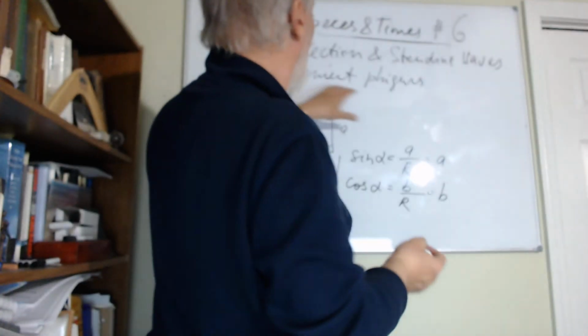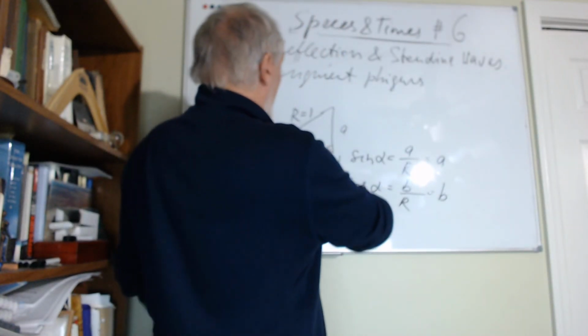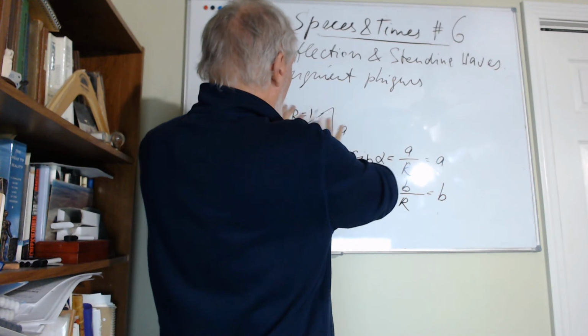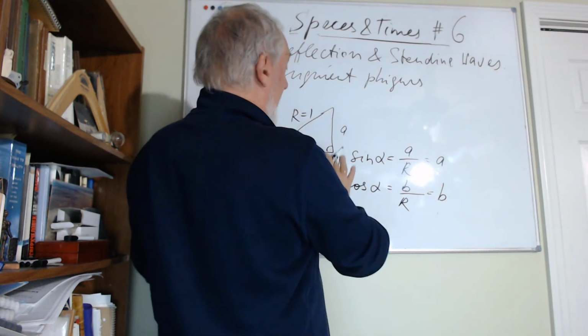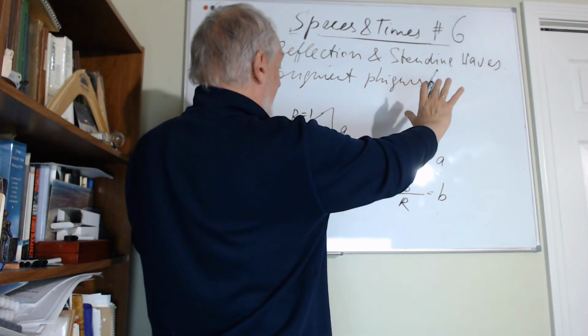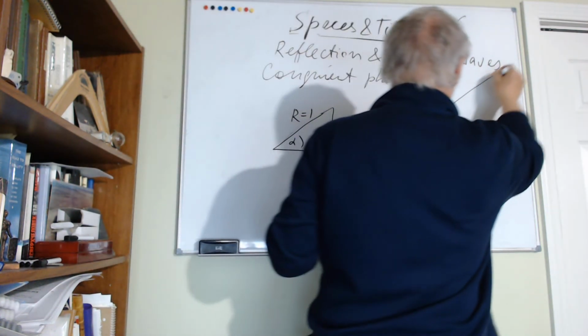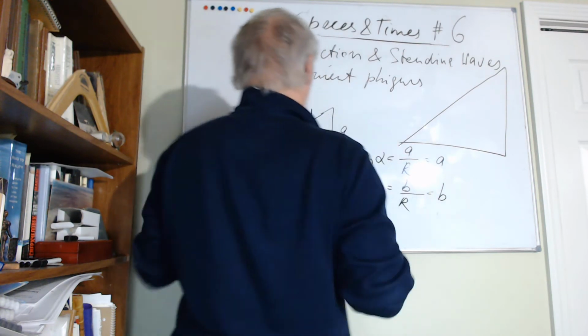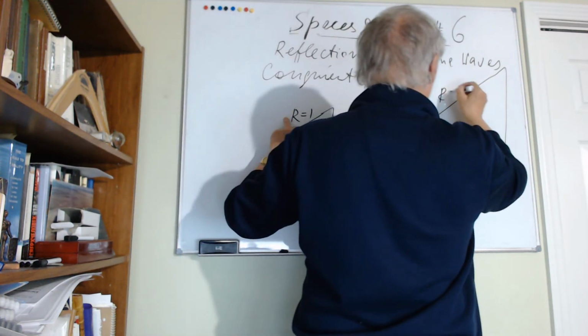When we talk about congruent triangles, if we increase the size of the same triangle, everything the same, just the scale, then R is no longer equal to 1.